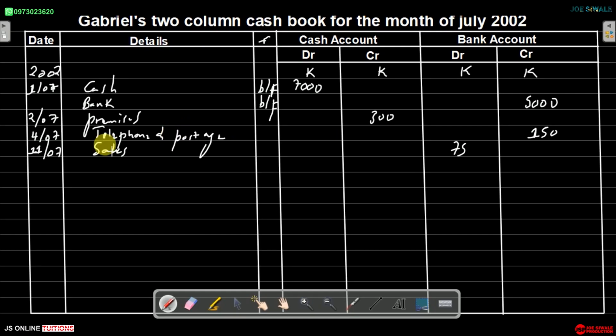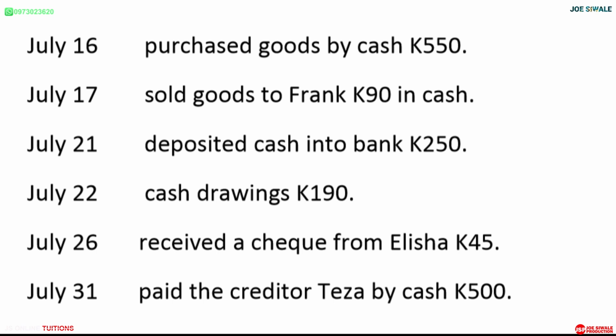So we have 15th of July, we'll say salaries and wages, and we're going to record that on the credit side as 467.